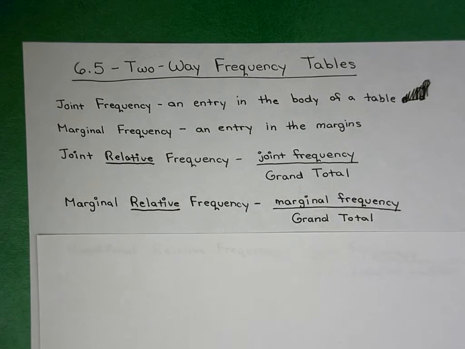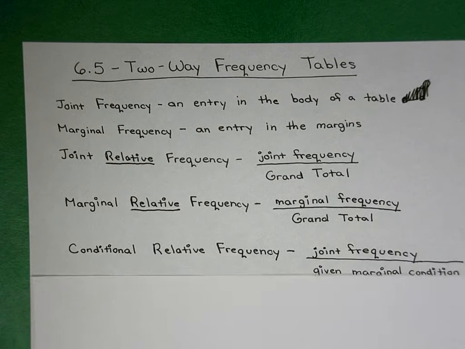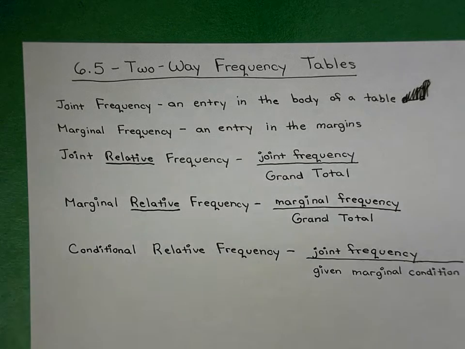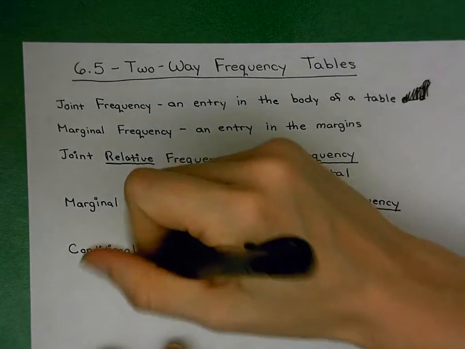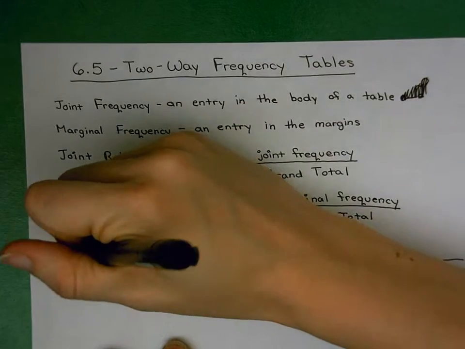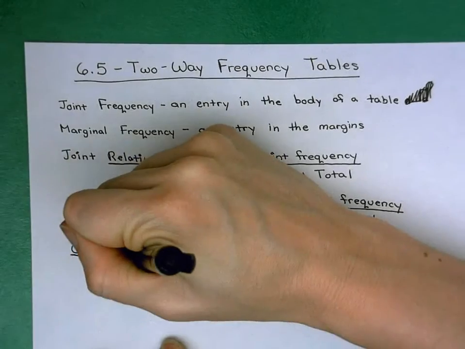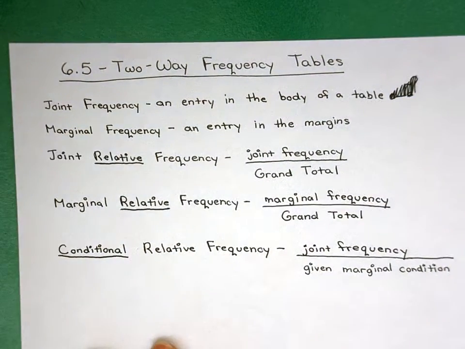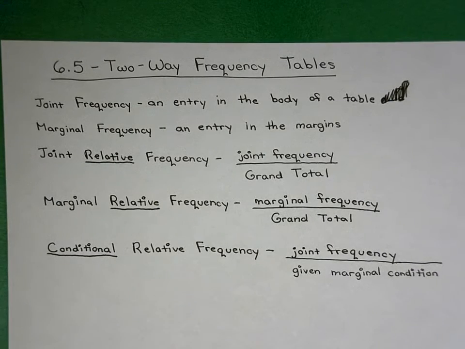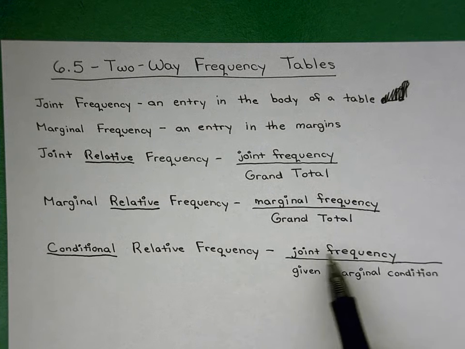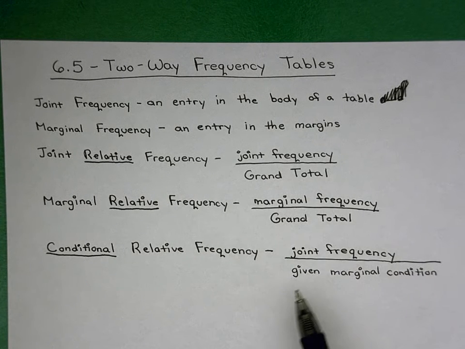Okay, last one here, we have conditional relative frequency. Again, you see relative implying that relationship, but now we have a condition at play. For our conditional relative frequency, we're still going to put the joint frequency on top, but now there's going to be a given condition. We aren't going to be dividing by the grand total.